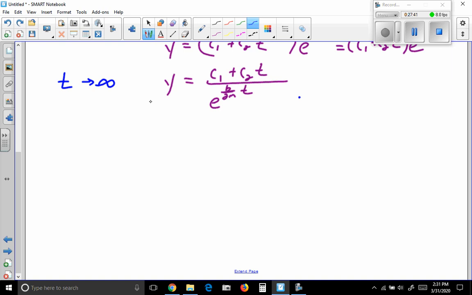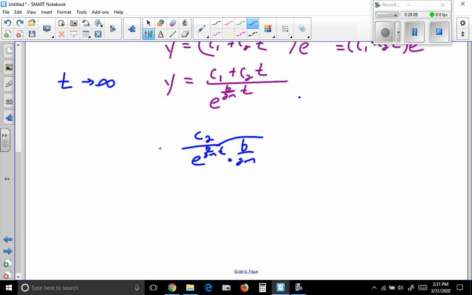If we take the derivative of the top, the derivative of a constant is 0, so we get c2. The derivative of the bottom is e to the u times the derivative of the exponent, and the derivative of the exponent is b over 2m.